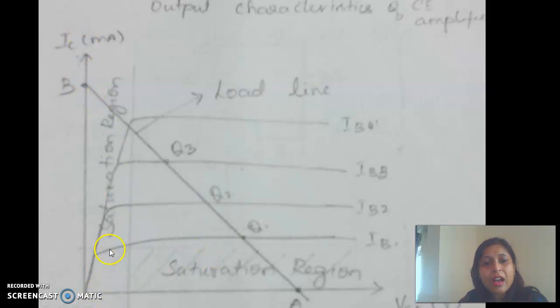And this is the output VI characteristic of a transistor in common emitter mode. There are three regions in this output VI characteristic. The region near the x-axis is called the cutoff region. The region near the y-axis is called the saturation region. And in the middle, this region is called the active region.